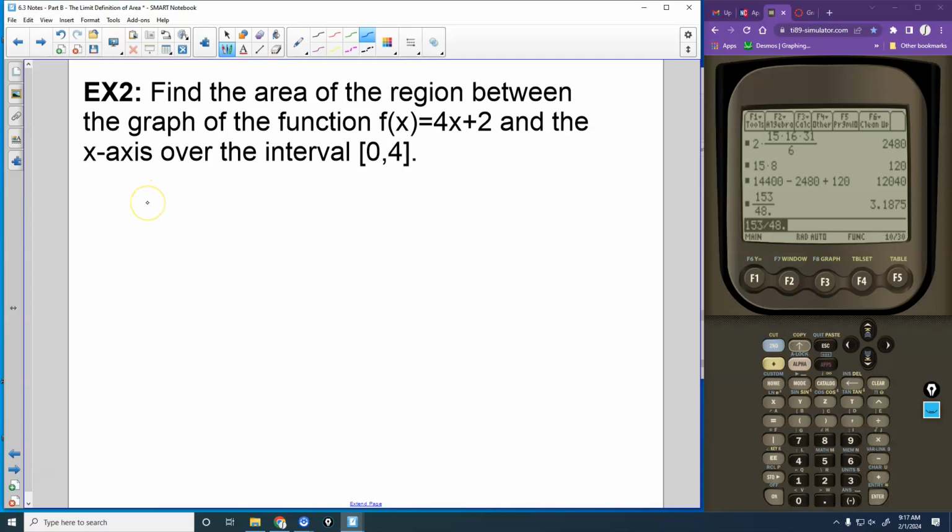So our width of each rectangle is going to be, in this case, 4 divided by the number of rectangles. But we don't know the number of rectangles. We want to use as many as possible, right? So we want to say n right here. And this would be our delta x, which is our width of each rectangle. And n right here is our number of rectangles. I'm going to write that down. n equals number of rectangles.